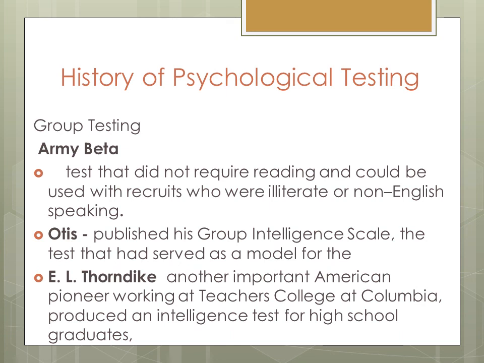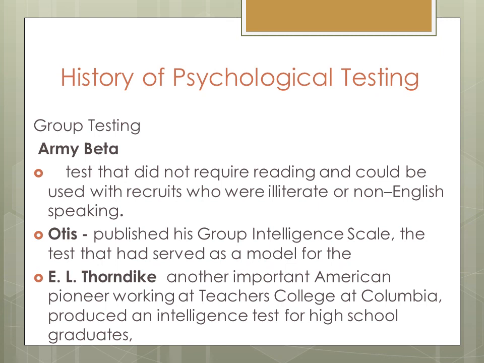So as you can see, the difference between Army Alpha and Beta is that the Alpha has a verbal part, and then the Beta has no verbal part because it's designed for those who are illiterate and non-English speakers. All right.